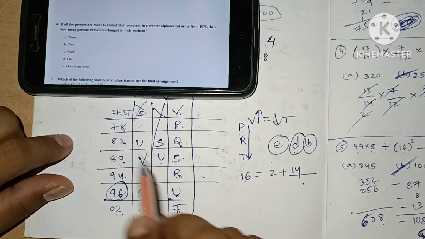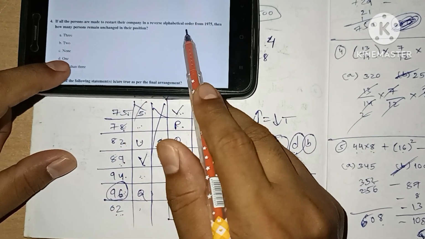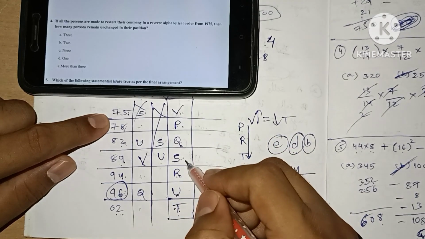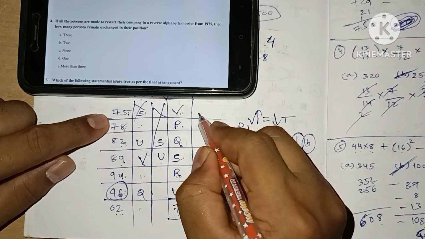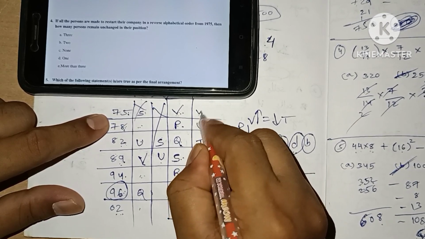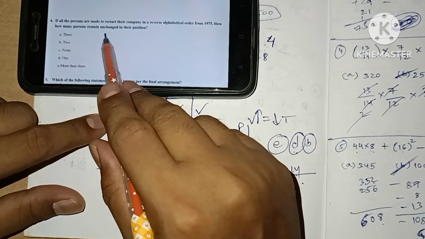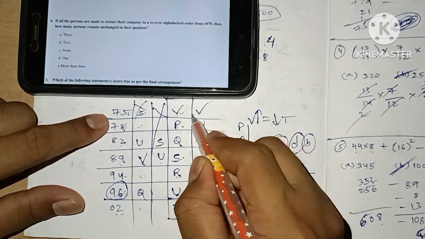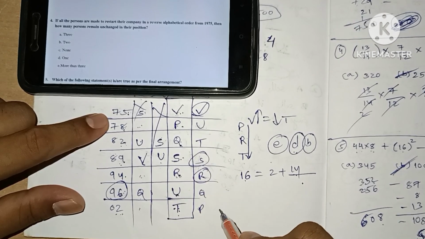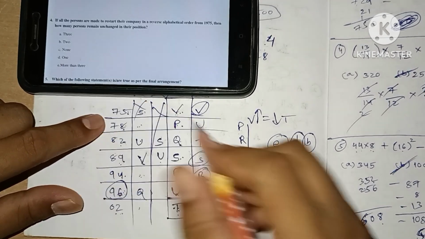If all the persons are made to restart their company in reverse alphabetical order from 1975, reverse alphabetical order means P, Q, R, S, T, U and V. This is the pattern. Then how many persons remain unchanged in their positions? V unchanged, S unchanged, R unchanged. So we got 3 persons unchanged. Option A is our answer.